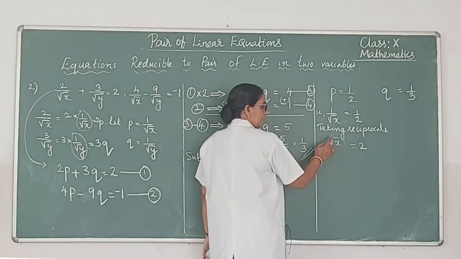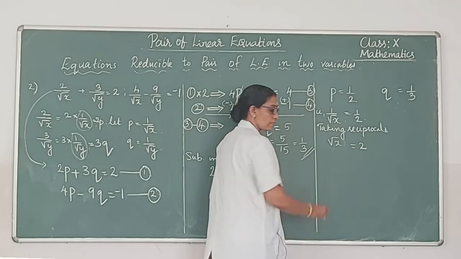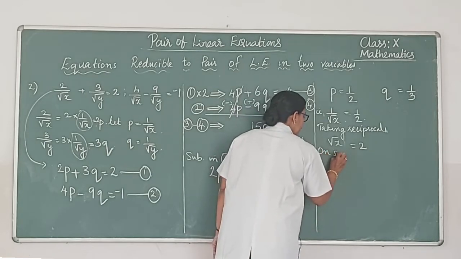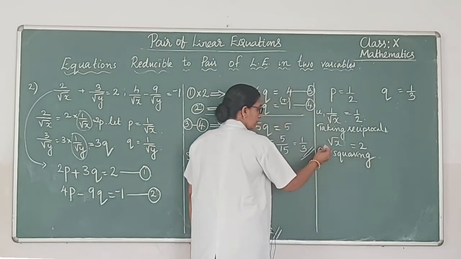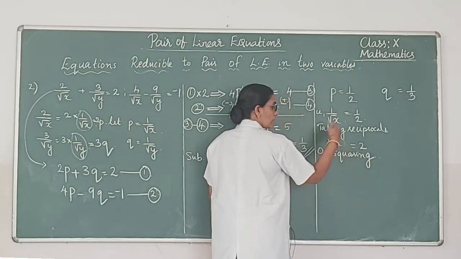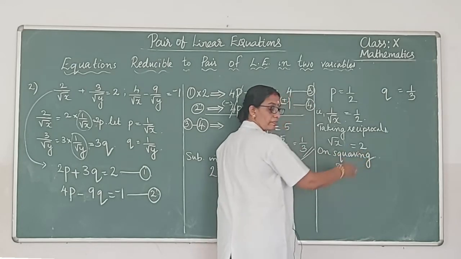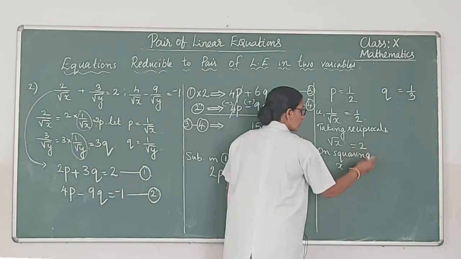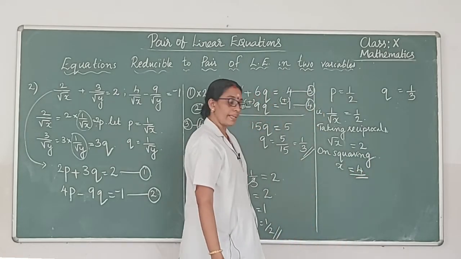We have to take the square on both sides. So on squaring, what we will get? Root x the whole square is x equal to, here also we have to take the square. 2 square is 4. So we got value of x.